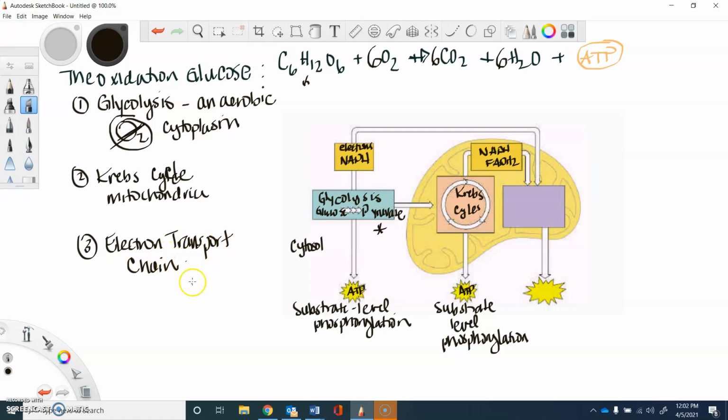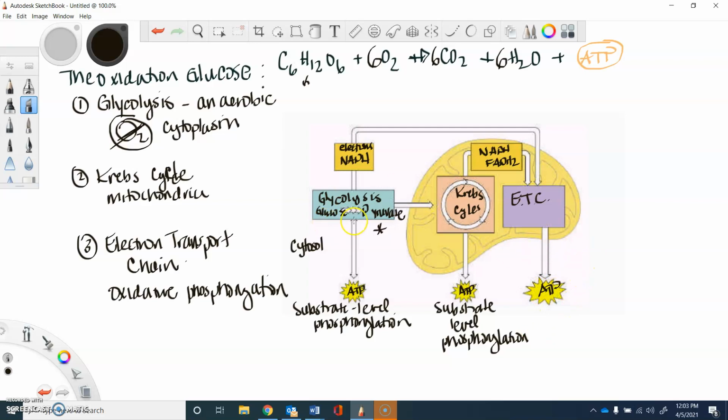And this utilizes a process called oxidative phosphorylation. So the electron transport chain here. So through oxidative phosphorylation, then we're going to make a bunch of ATP.